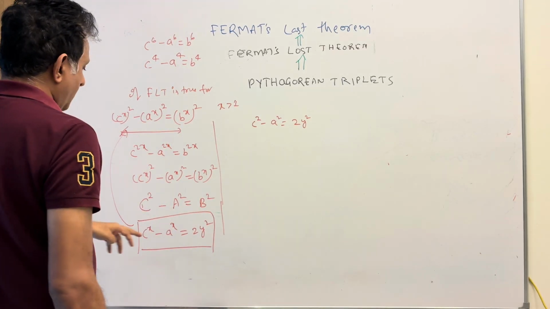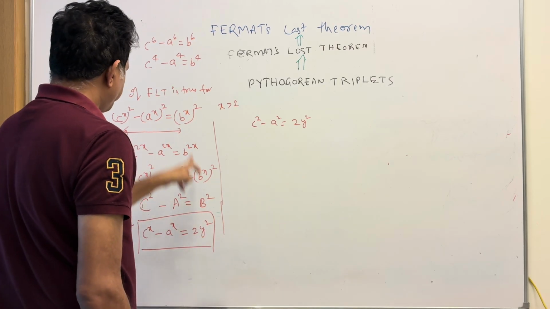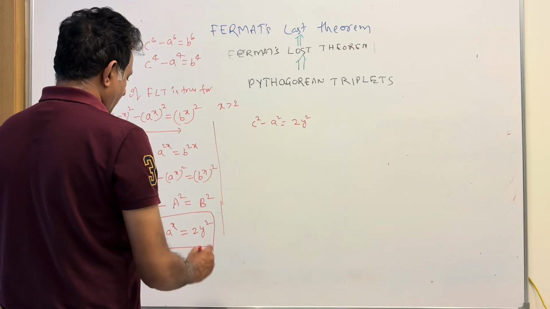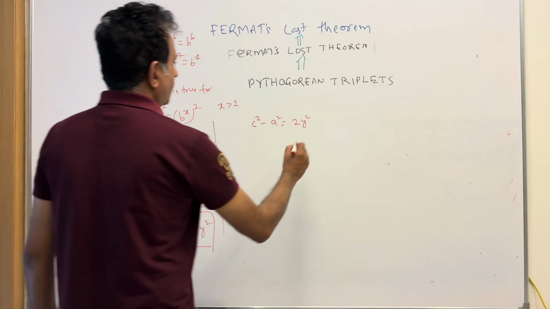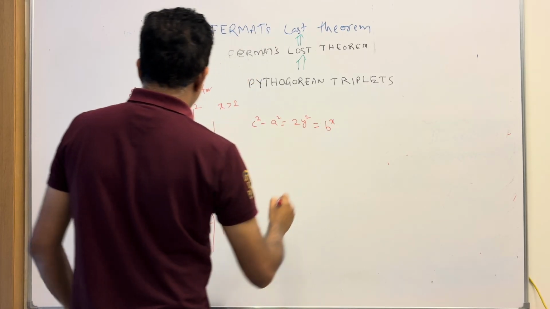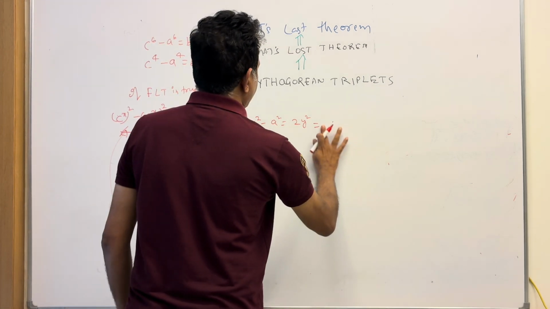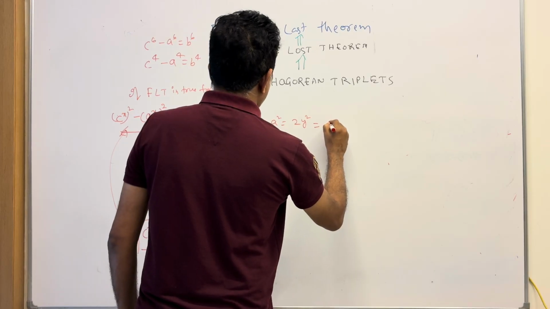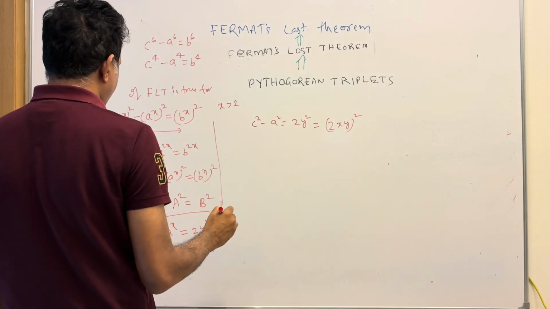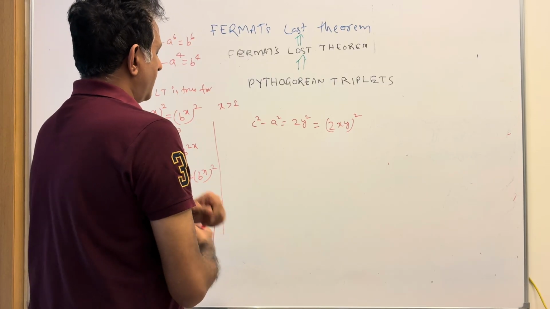Okay, so actually 2y square is equal to b over x, so 2y square is actually b over x whole square.